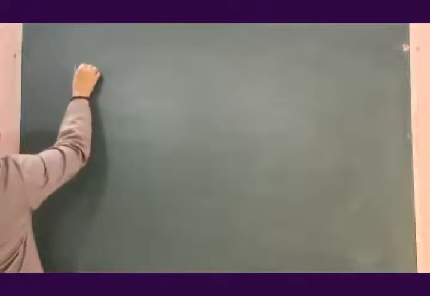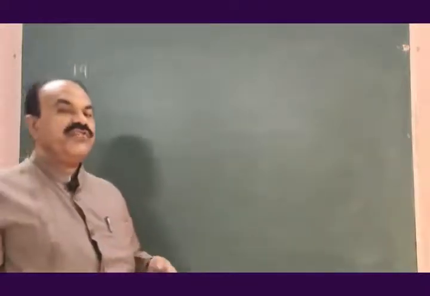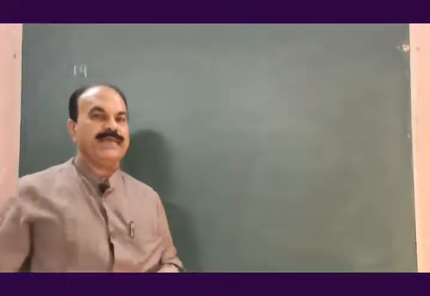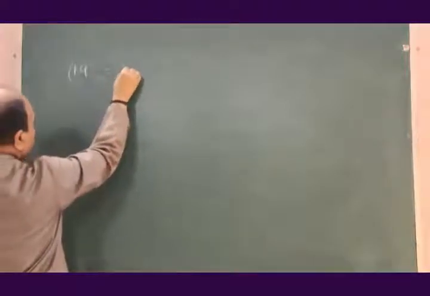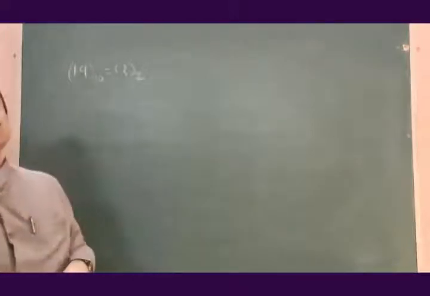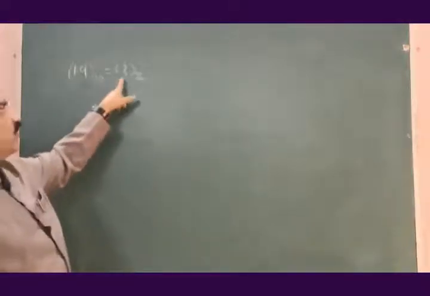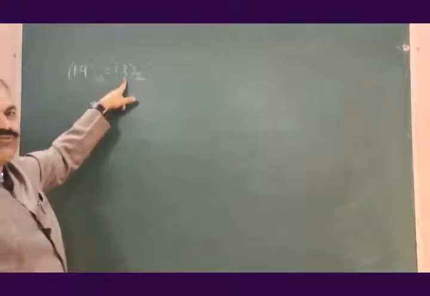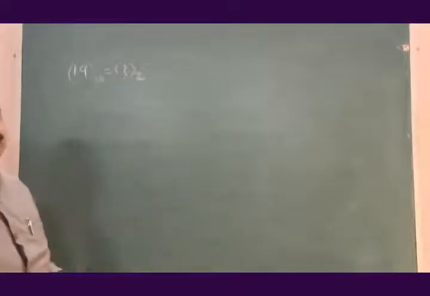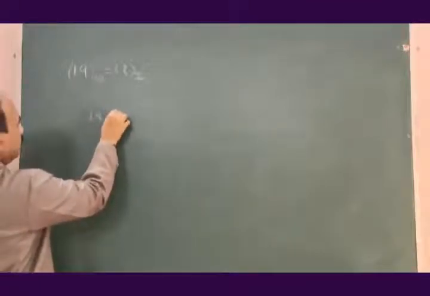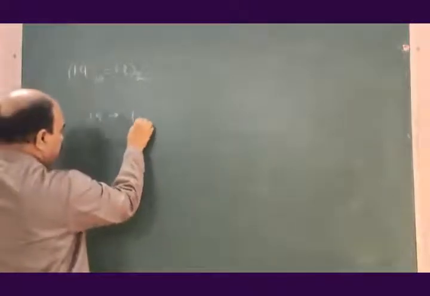Let us suppose that you are given 19 in decimal number system. And you are asked to convert it into binary number system. Decimal is equal to question mark. We have to find value of this question mark in binary numbers. 19 is to be split: 1.